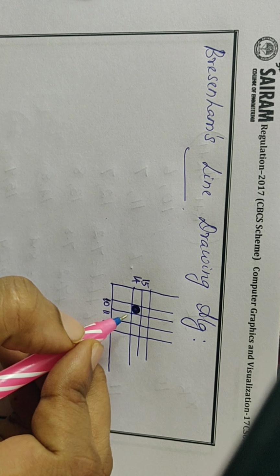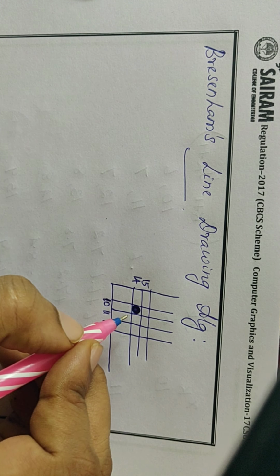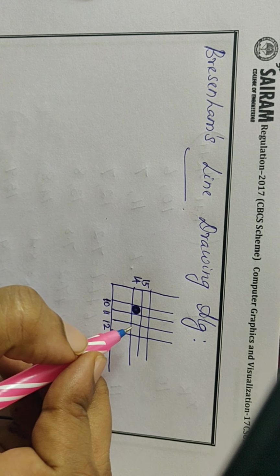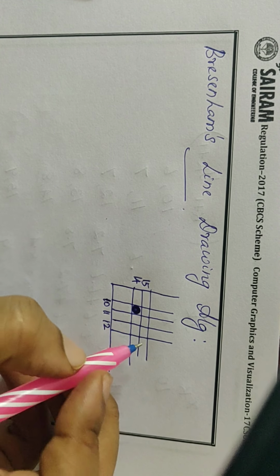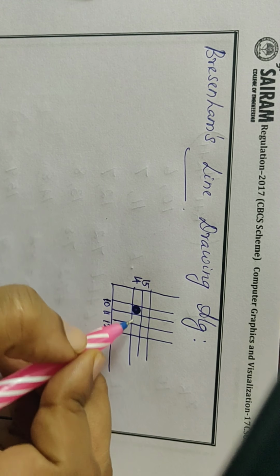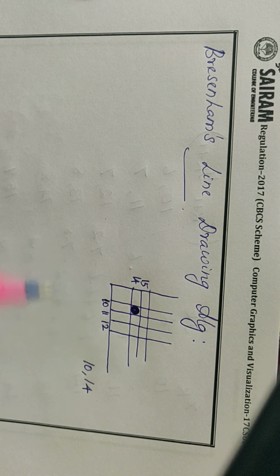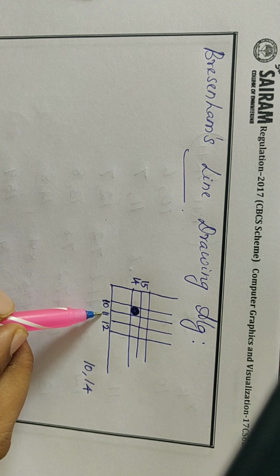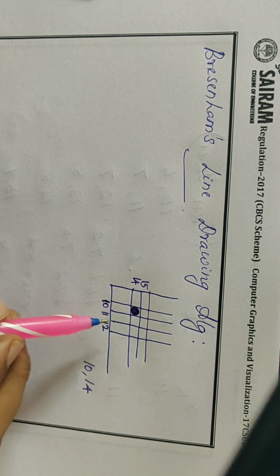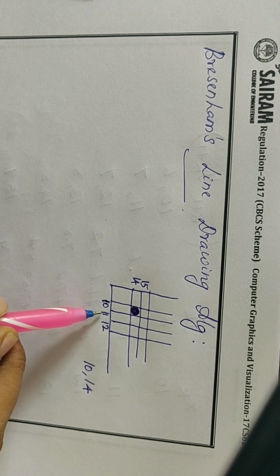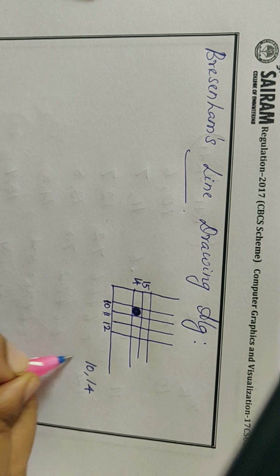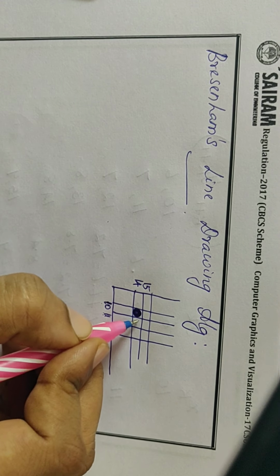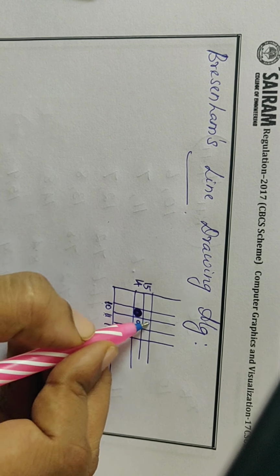And the next pixel position I have to find out. Every time this x will be incrementing by 1, so the x value will definitely be 11. So I have to decide whether the next pixel position is 11, 14 or 11, 15.